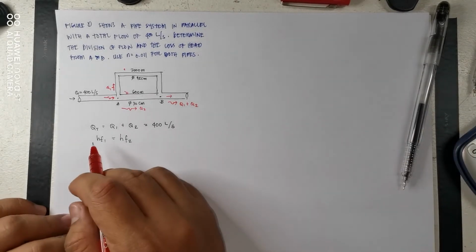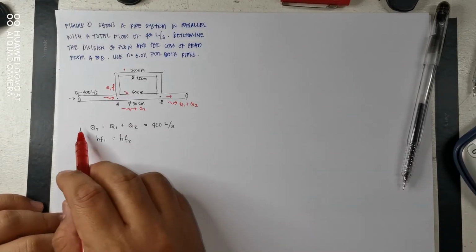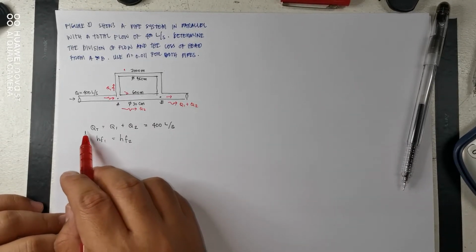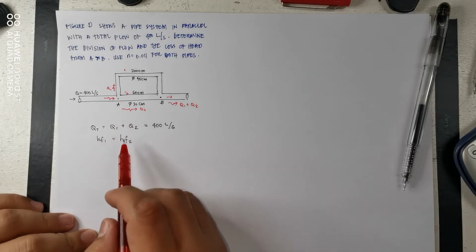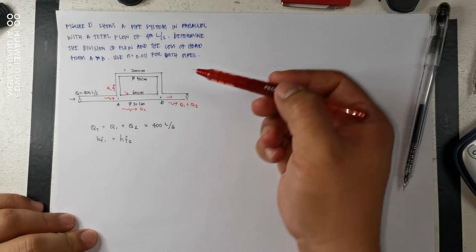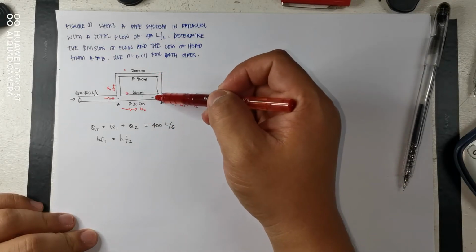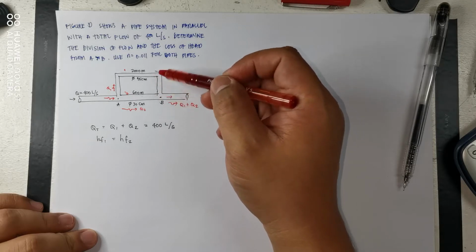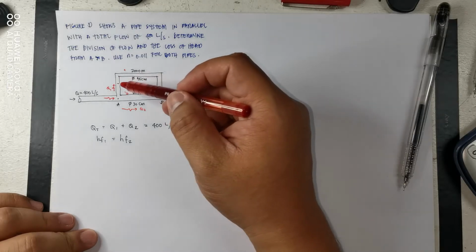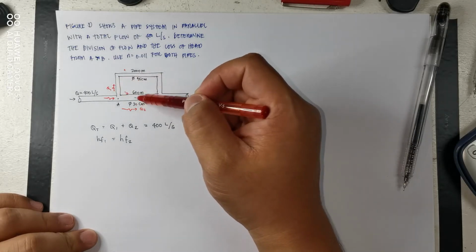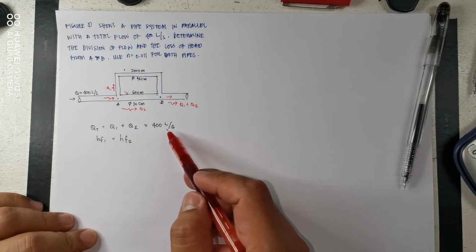Okay. So meron tayong dalawang kailangan tandaan, kapag pipes are in parallel, is that the total flow in the pipe is equal to the summation of all the flow in the pipes in parallel. So katulad dito, for this particular problem, the sum of Q1 and Q2 is equal to the total flow, which is 400 liters per second.